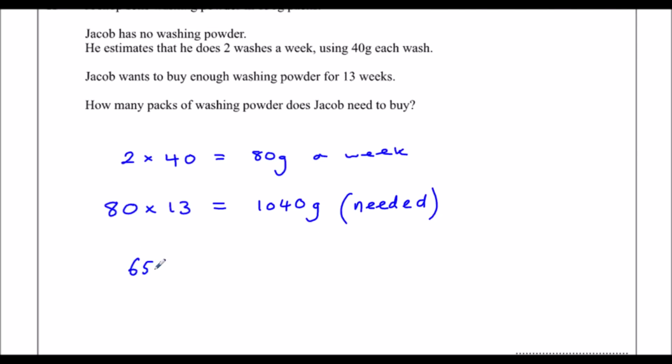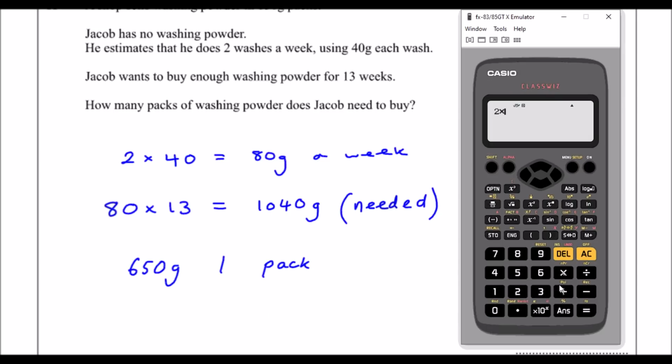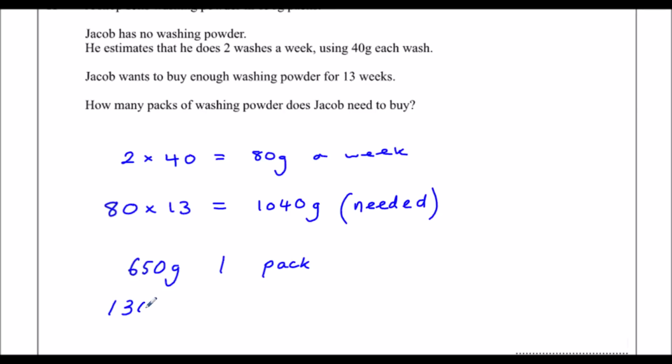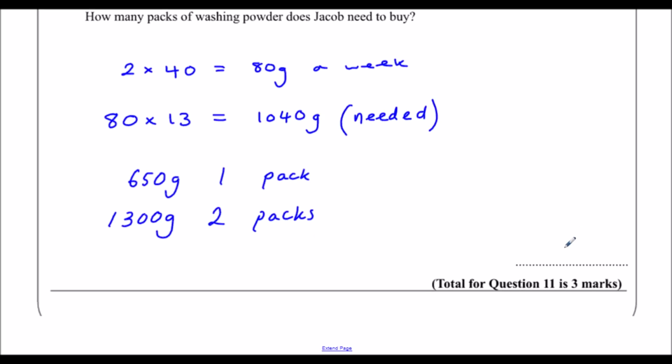So 650 grams is 1 pack. That's not enough, but if he gets 2, 650s are 1,300 grams in 2 packs, which is enough. That's more than he needs. So he needs to buy 2 packs.